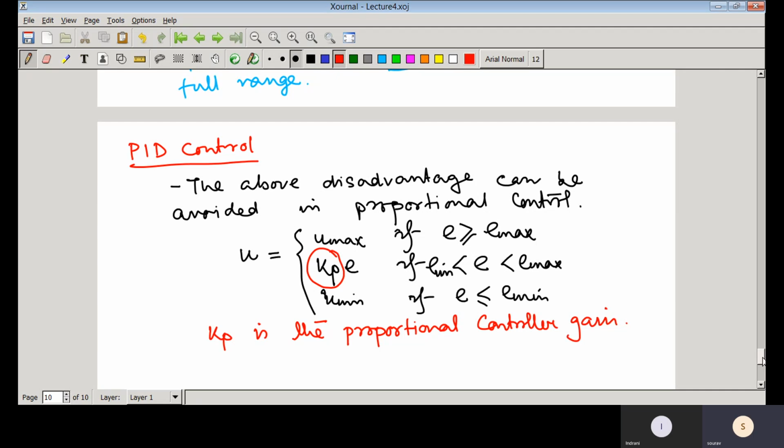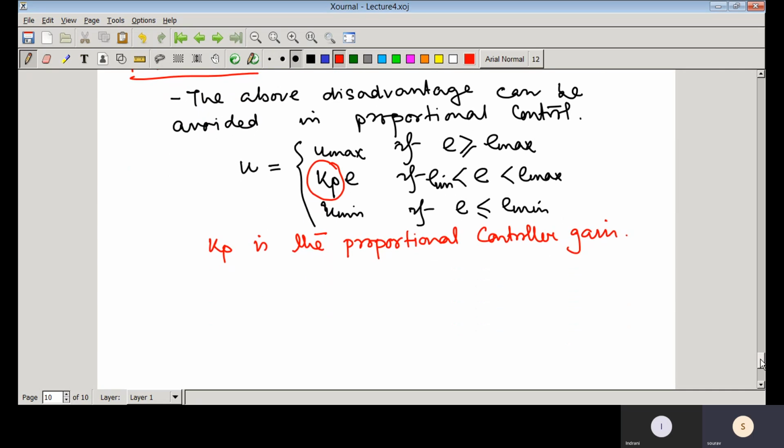So that means if we just draw it, it is very simple, you can also do it on your own. So this is that error signal, and here you have E max, and here you have E min.